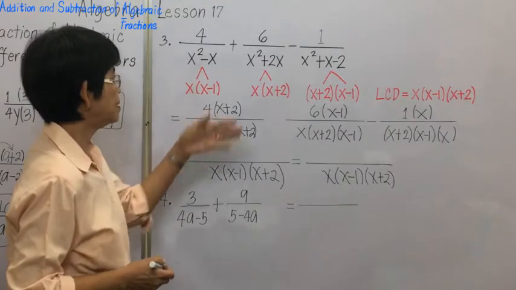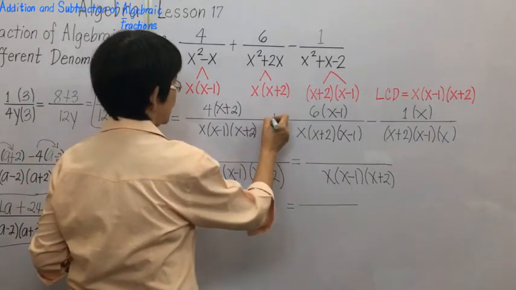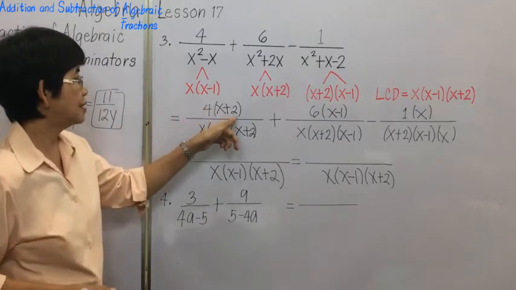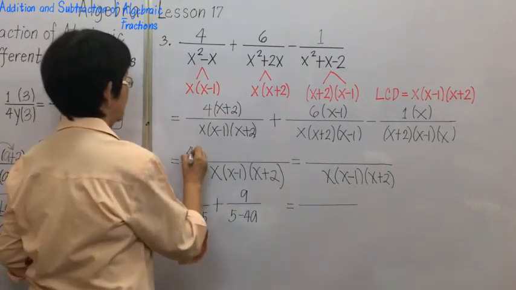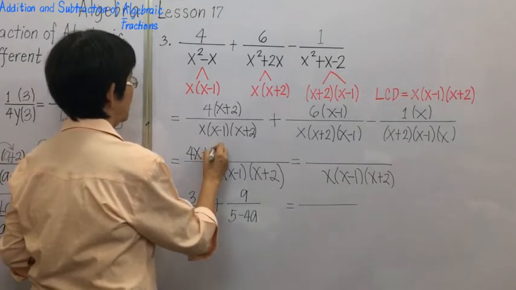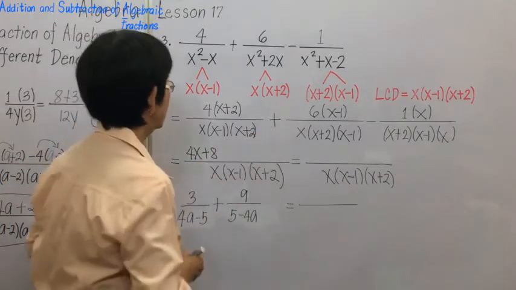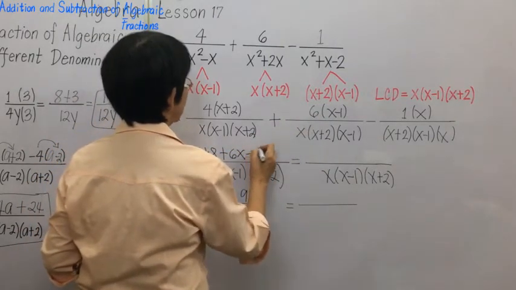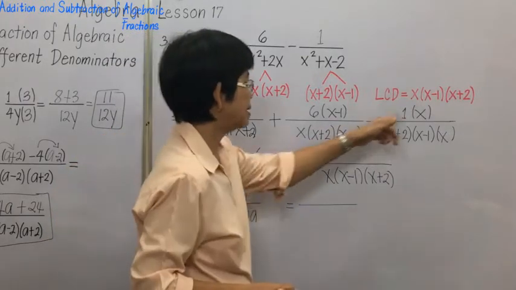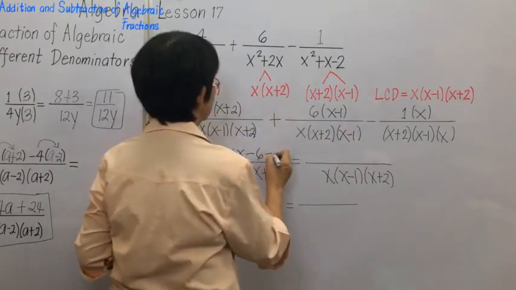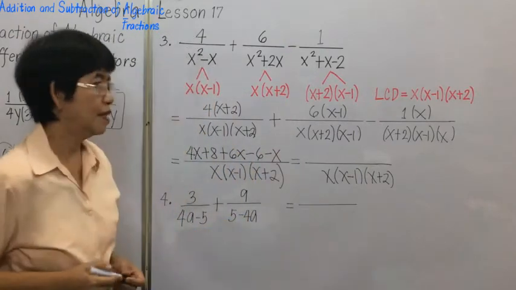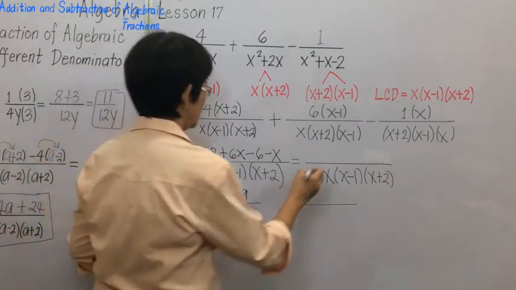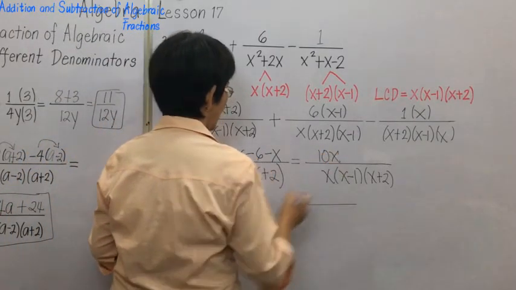Okay, and we will simplify. We'll put a plus sign here. So we have 4x plus 8 plus 6x minus 6 minus x. Adding similar terms, we have 4 plus 6 is equal to 10x.